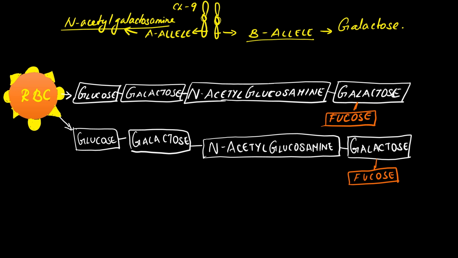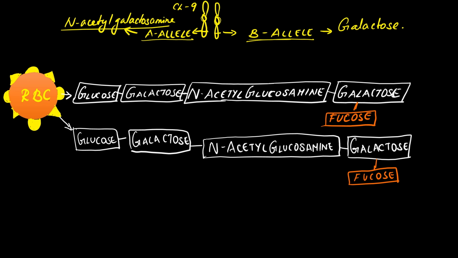This B allele is also dominant, and the A allele is also dominant. This dominant and recessive study we will do a little later. First, you just need to know that a person with AB blood group will have homologous chromosomes, one chromosome carrying the A allele from one parent and the B allele from the other parent. Anyhow, they are going to have both alleles, and both alleles are equally dominant.